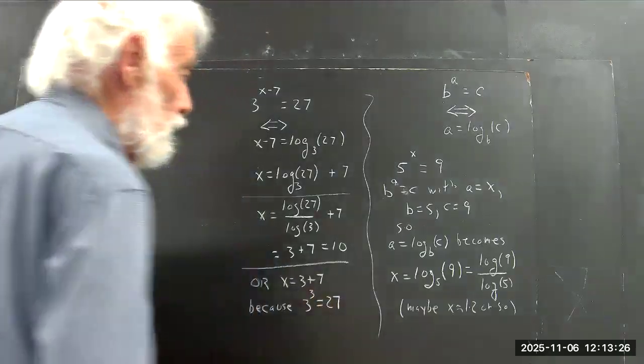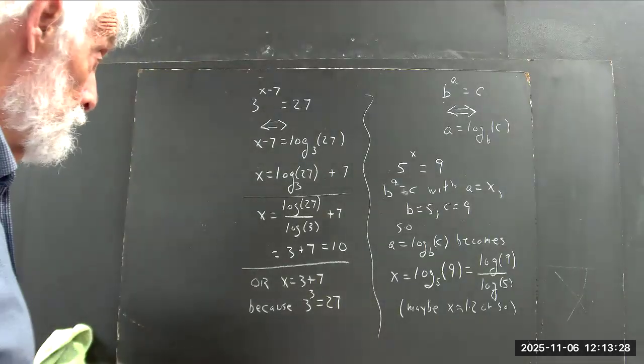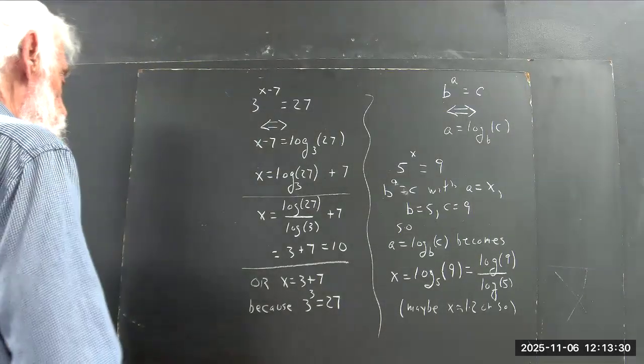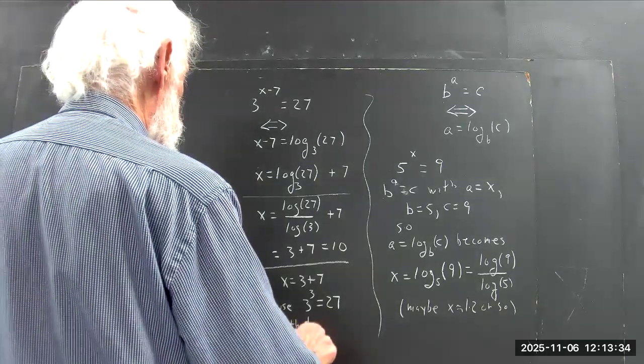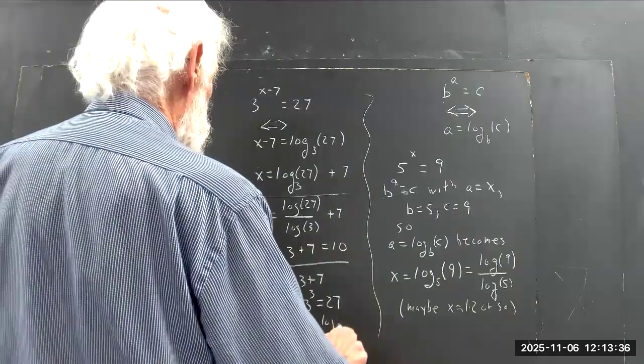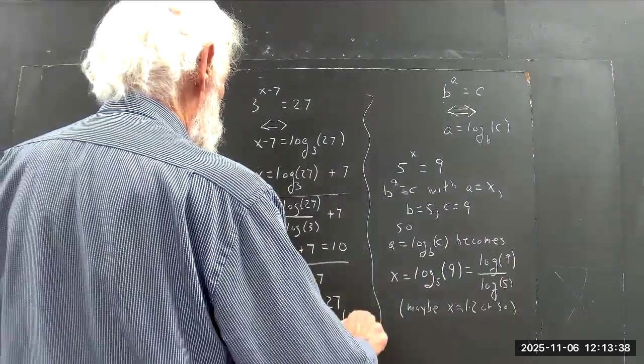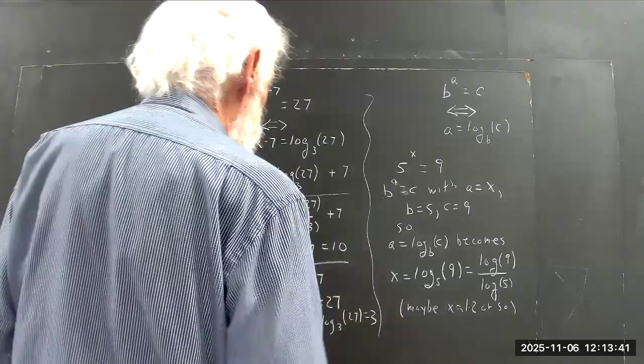It's because 3 to the third power equals 27. So log base 3 of 27 has to equal 3.